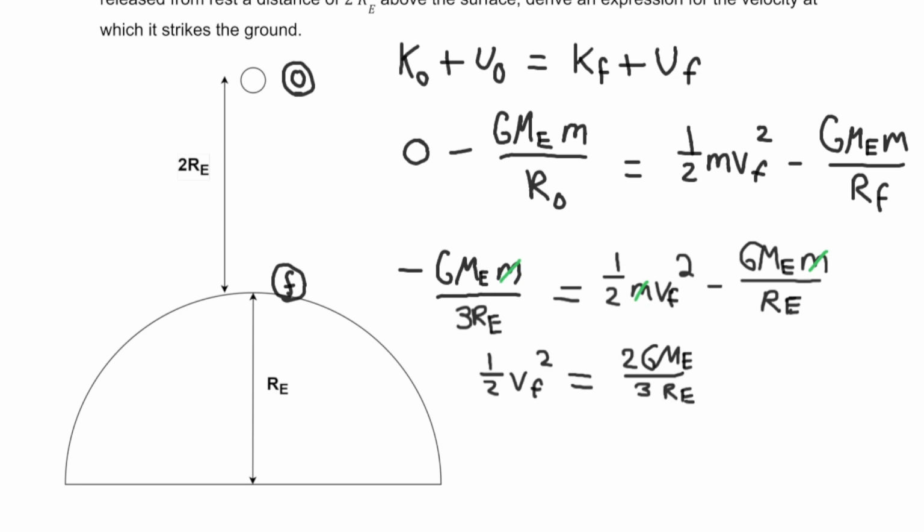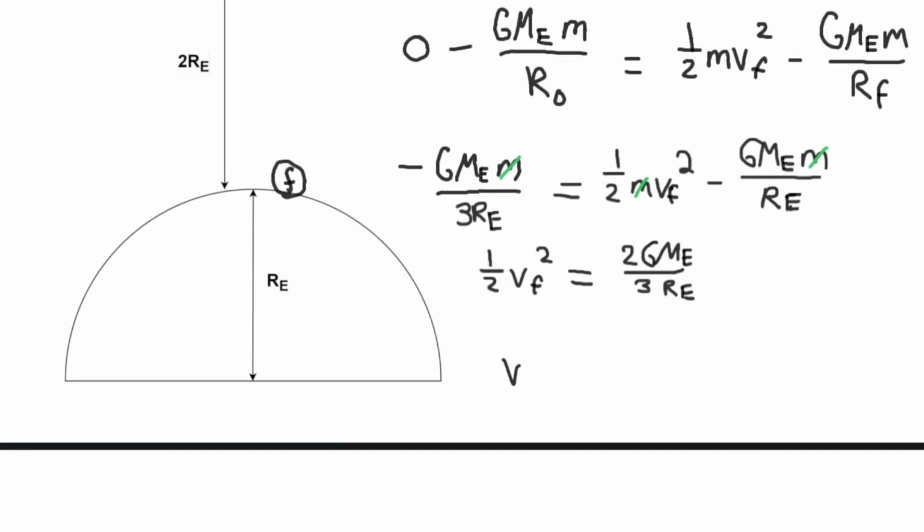So then solving gets us a final velocity of square root of 4/3 GME divided by RE.